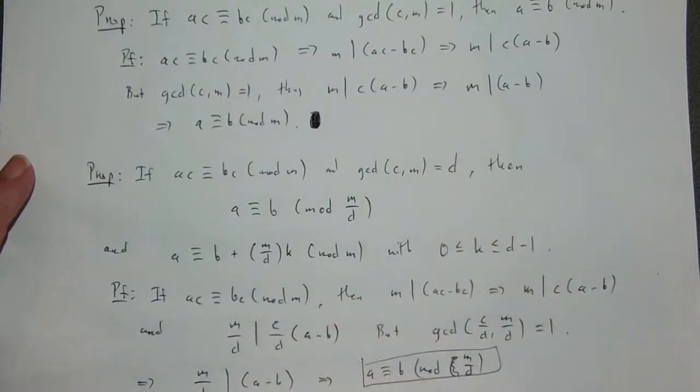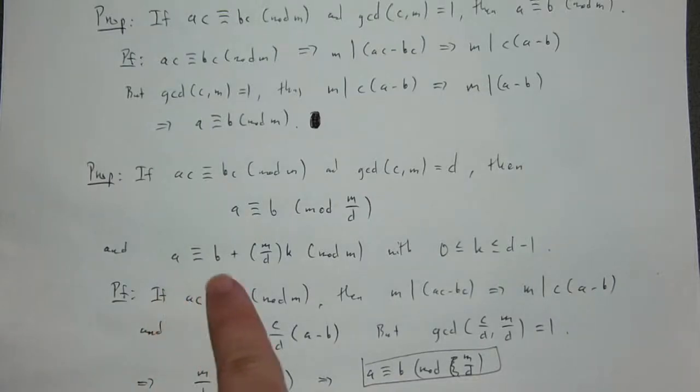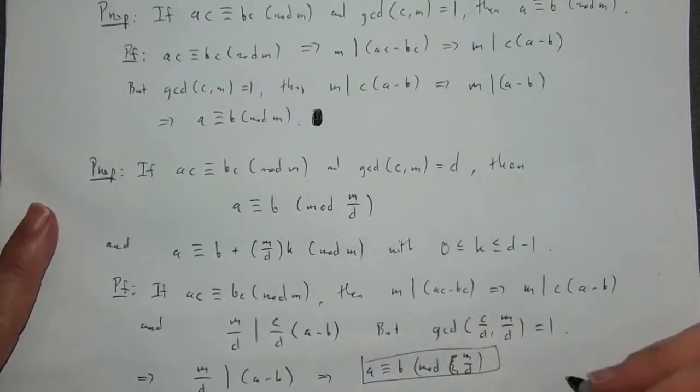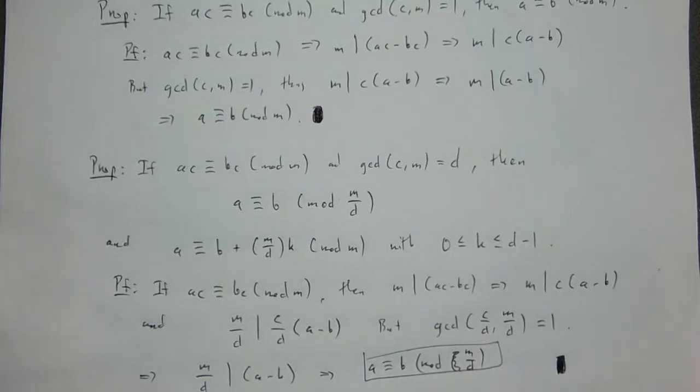So your A is congruent to B, the remainder is some multiple of M over D. So anyway, the rest is straightforward.